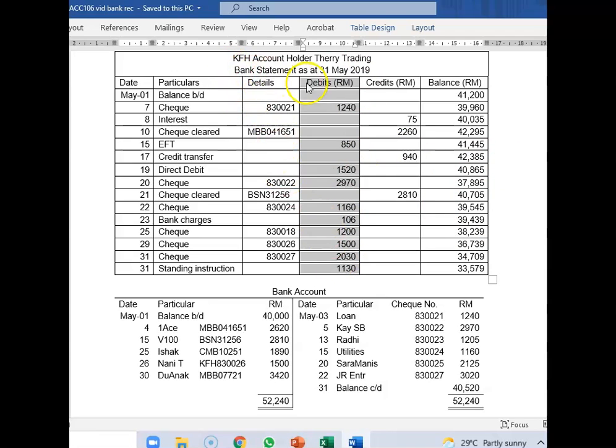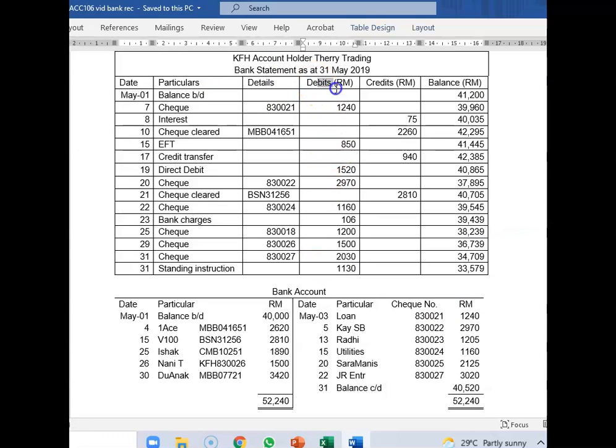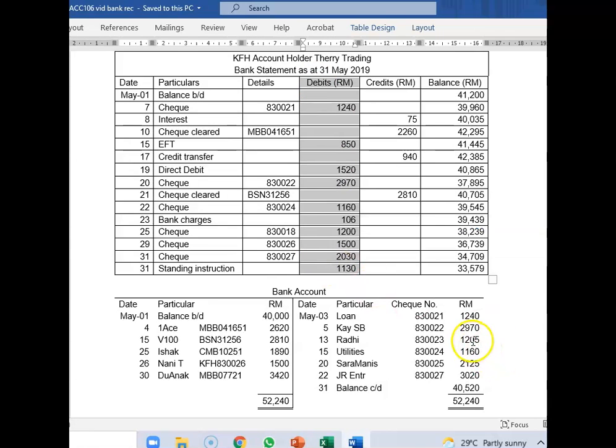So compare the debit side of the bank statement with the credit side of the bank account. You need to compare these two.